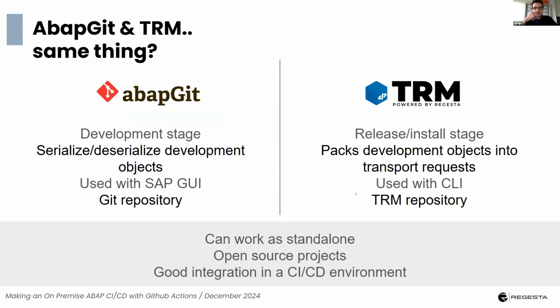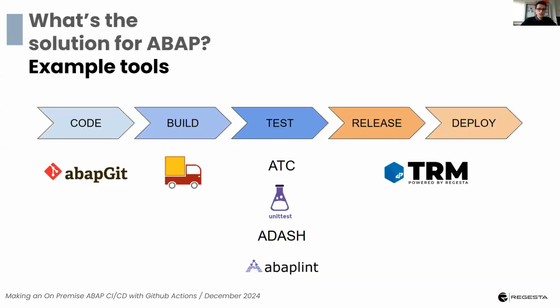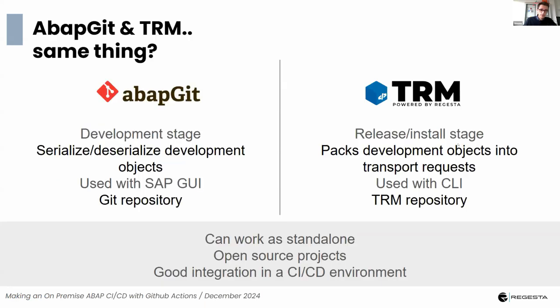I have a quick slide because I know that if you know abapGit, you're probably asking yourself, what's the difference between abapGit and TRM? Because the concept behind it might seem the same, but it's actually very different. If we look back at this schema, we can see that abapGit is for the code stage, and TRM is for release and deploy.